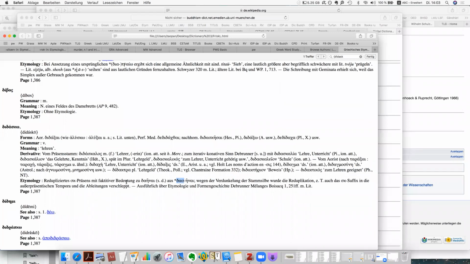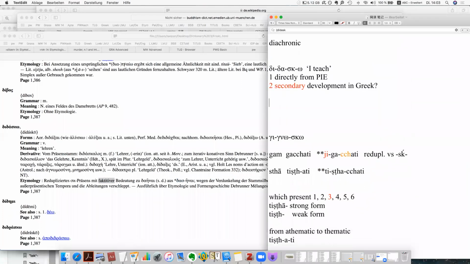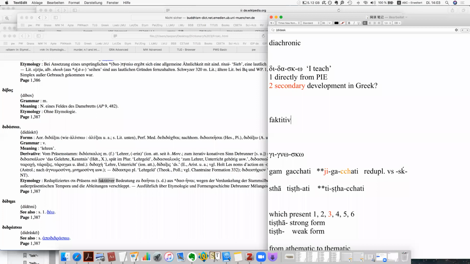So here is something important. It's called factative. Can anyone tell me the meaning of factative? What is the synonym of factative? Please write a synonym for me. You can check a dictionary, it doesn't matter.